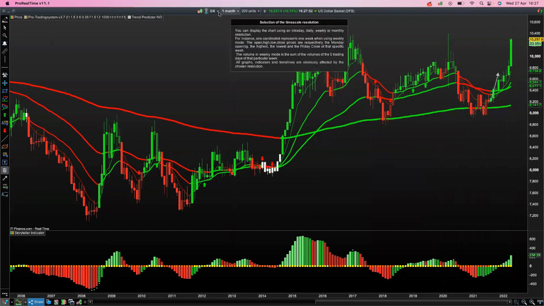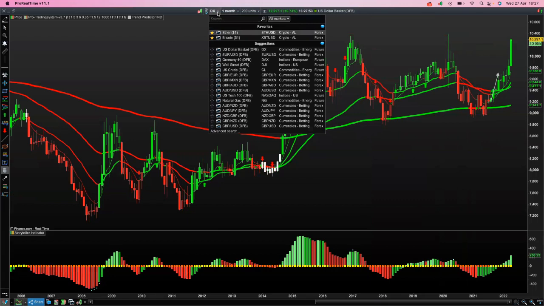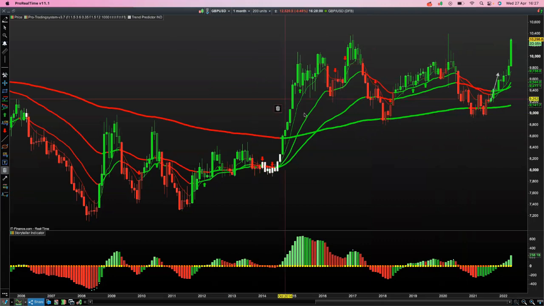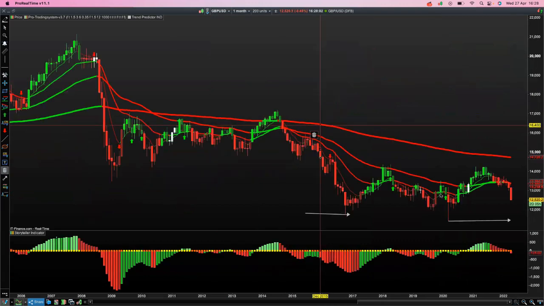So in an interesting place. Obviously, from our perspective, we don't necessarily trade the dollar index, but we do look at those dollar related pairs. Another one is the pound dollar. Again, just back into a support area. We've got a new momentum trigger and PTS combination here on the pound dollar.